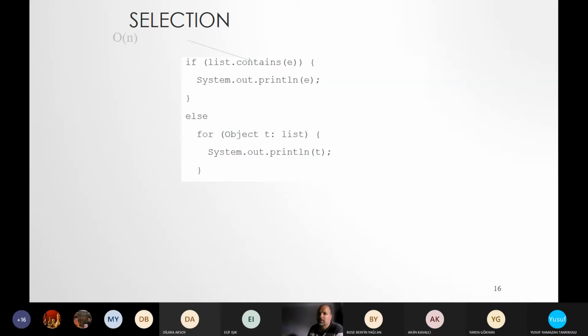We'll talk about the binary search, which we introduced last semester, in a moment.